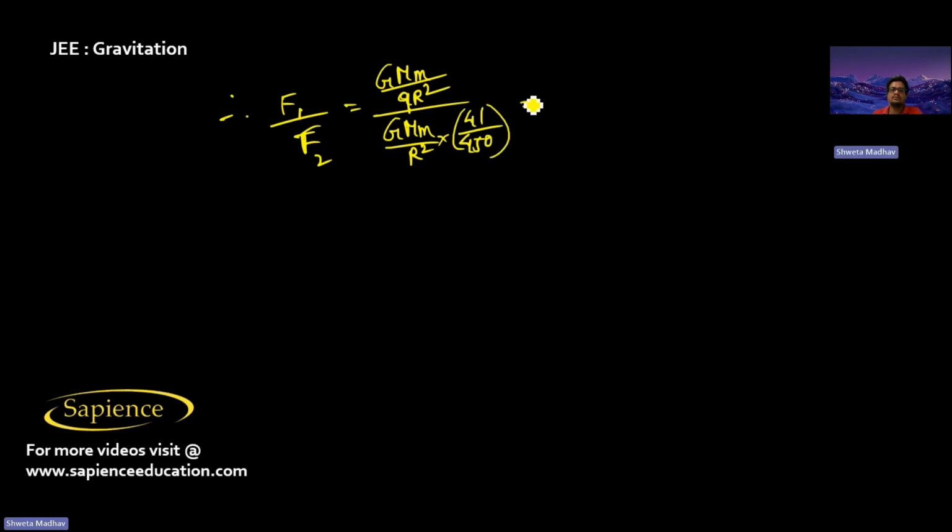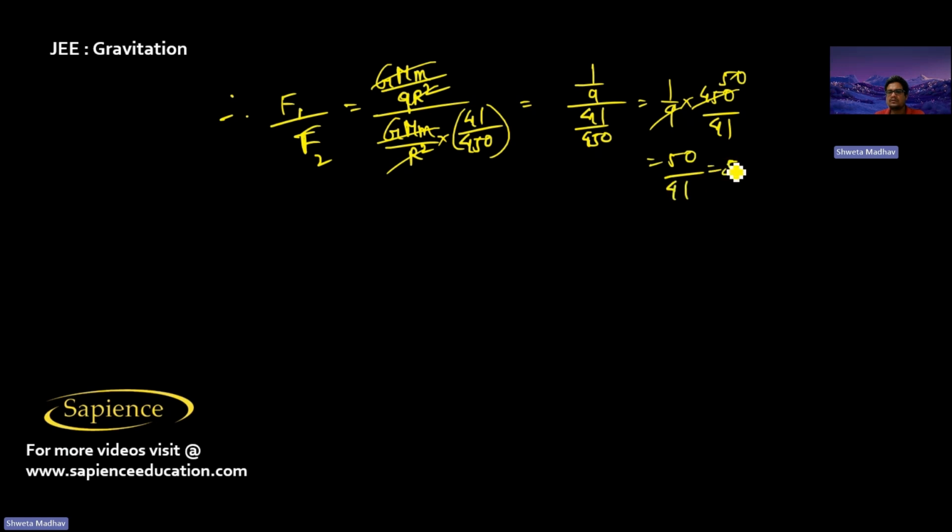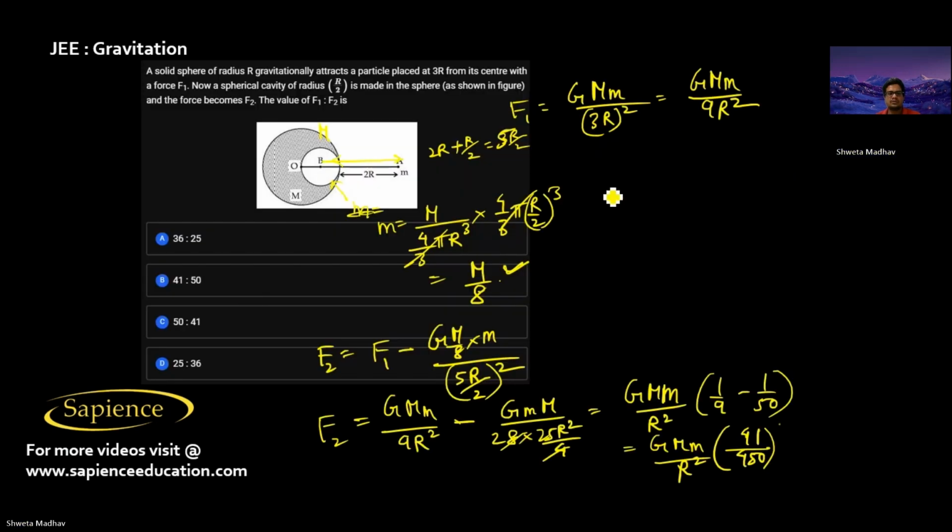So Gm by r square will cancel. So this is 1 by 9 divided by 41 by 450. That is equal to 1 by 9 into 450 by 41. 5 nines are 45. So this is 50 by 41. So the answer is 50 is to 41. Option C is the correct answer.